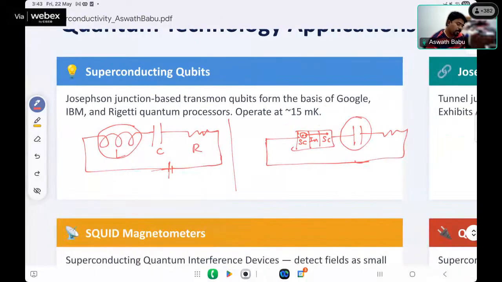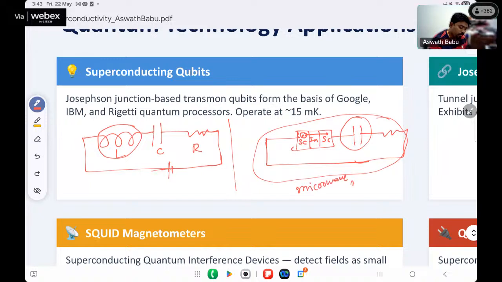Similarly, there are various possible states in which the capacitor can exist quantum mechanically. I can ensure only two states are taken into consideration. By what? By exposing this entire setup to some microwave field. What is the electromagnetic field? An electromagnetic field has an electric field and a magnetic field oscillating inside it.